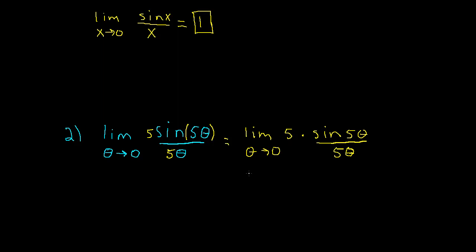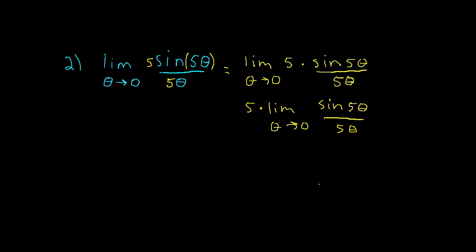So really, I have 5 times the limit as theta goes to 0 of the sine of 5 theta over 5 theta. All I did here was recognize that the limit as theta goes to 0 of 5 is just 5. So I know this part of the limit is just going to be 5, so I pulled it out, and now I have this left to deal with.